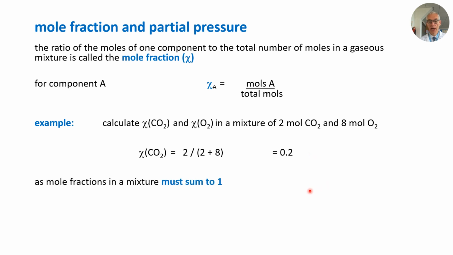Now there's another way that we can calculate the mole fraction for oxygen, because mole fractions in a mixture must sum to 1. So the mole fraction of oxygen is 1 minus the mole fraction of carbon dioxide. It's a 2-component mixture, comes to 0.8. So the mole fraction of oxygen in the mixture is 0.8.